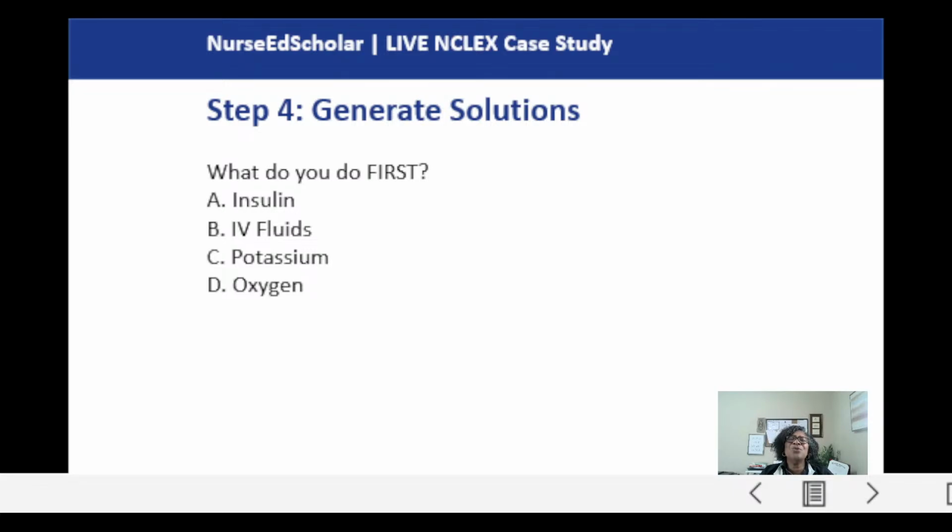So before you do anything with this patient, you're going to restore their circulating volume. Because remember, the blood pressure is low. What was the systolic? 88. The heart rate was high. What was it? 118. And so you know that the perfusion is compromised. So we have to restore that.